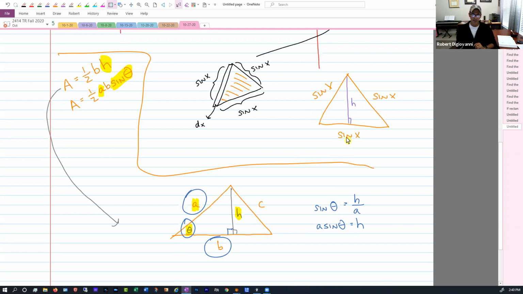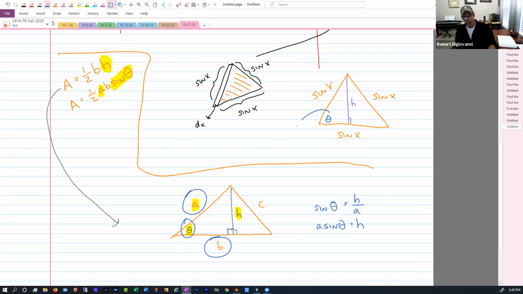Do we have two sides? Yes. Do we know the angle? 60. It's equilateral. So all sides have the same length, which means all angles have the same measure, and they have to add up to be 180. So 60 degrees, right?